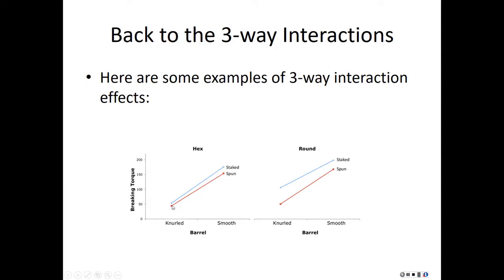So basically I would say there's no differences for the hex condition, but if we look at the knurled, there are larger differences than the smooth and the round. So we see effects of the barrel and whether it's staked or spun in the round condition as opposed to the hex.